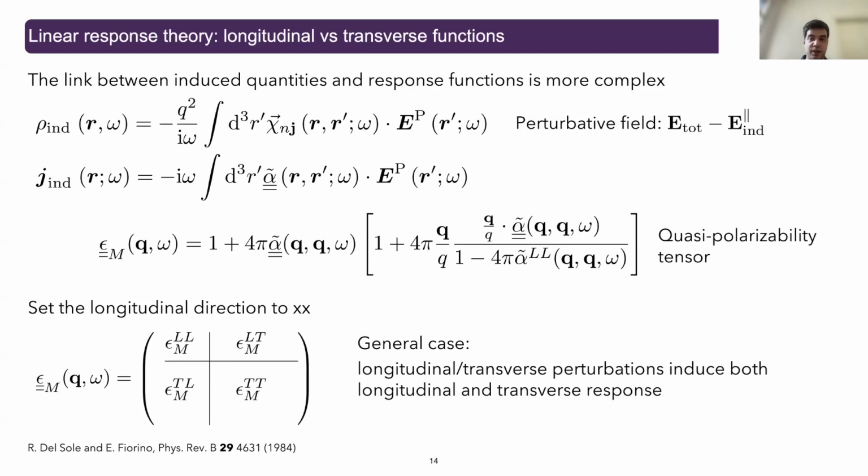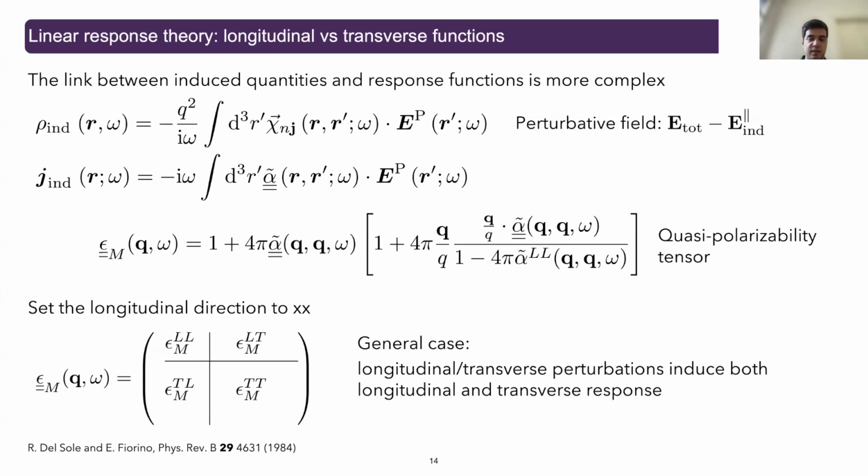Now, these two equations, well, 4, since J is actually a vector, let you define a macroscopic dielectric function from the quasi-polarizability tensor. And if we take the arbitrary choice and set the XX direction as the one of the incident field, we can split epsilon into 4 blocks: one which is only longitudinal, a transverse longitudinal, a longitudinal transverse, and a transverse block.